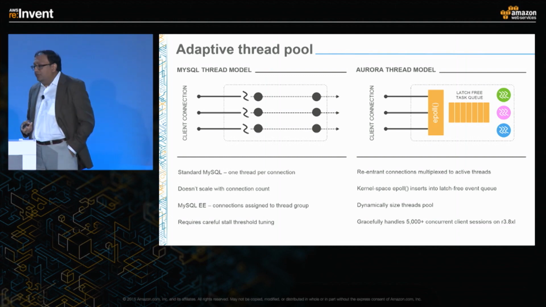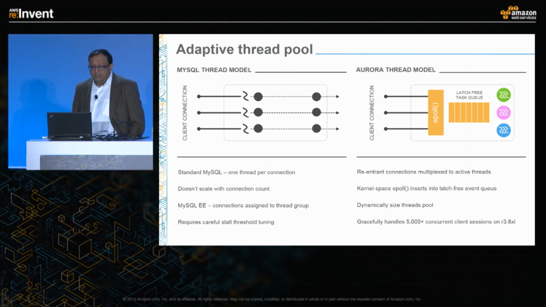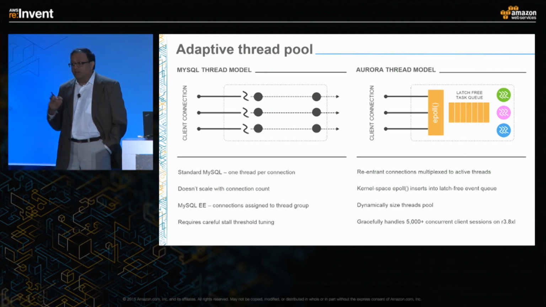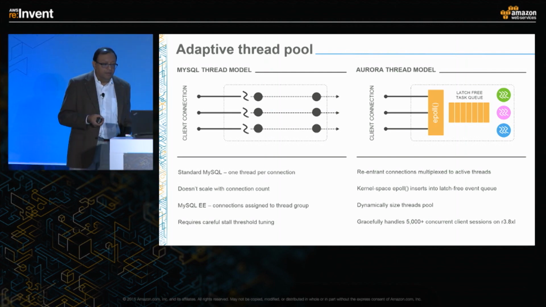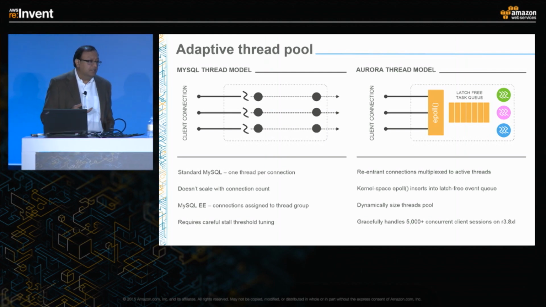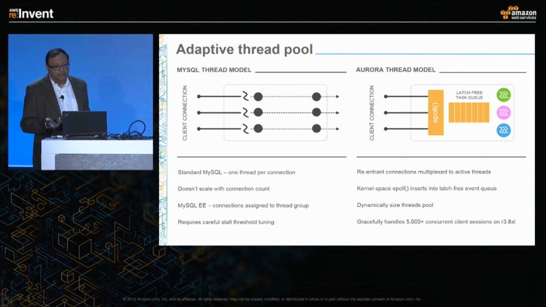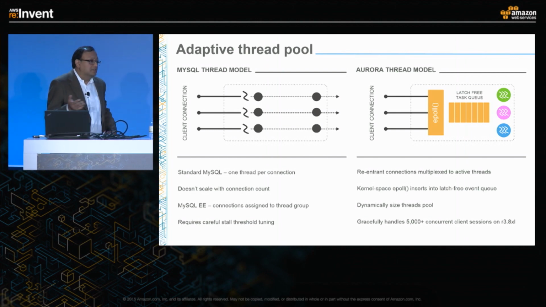So what we've done is we implemented a different thread pool model. We have epoll at the front. All of the threads listen on top of epoll. And then we have a latch-free task queue on the back end, where we have a bunch of threads listening if they're not already doing work. We dynamically size it.